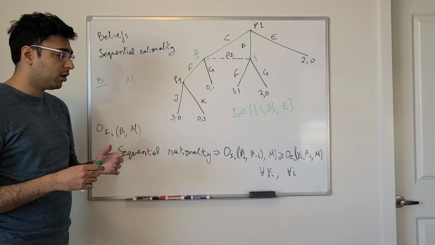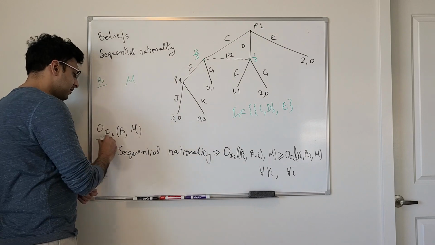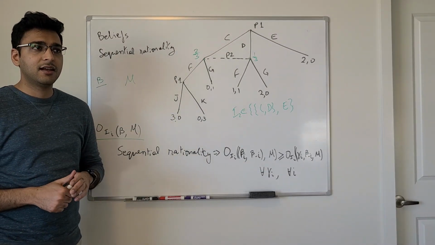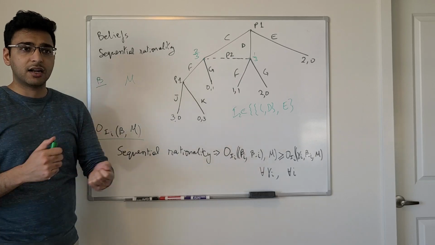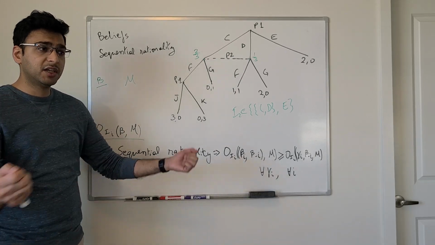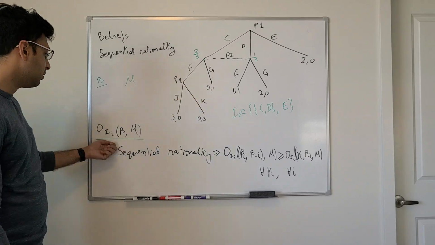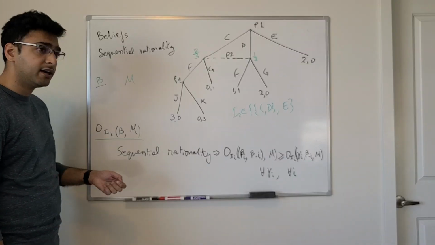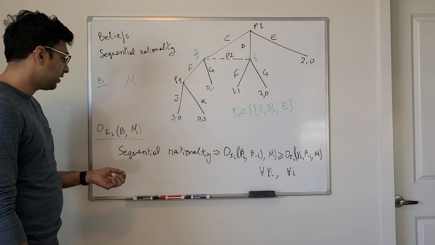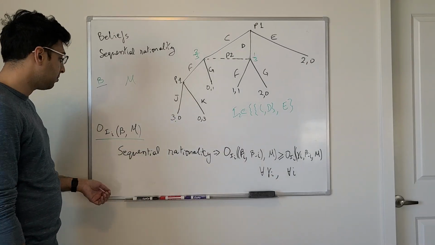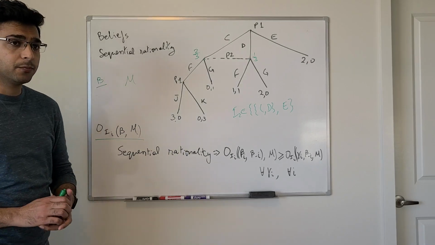And what O_I(beta, mu) means is it's the likelihood of different outcomes. It's the probability distribution over different terminal histories that will occur if we start from I and we play a behavioral strategy beta. So that's the profile played by all players under a belief system mu.